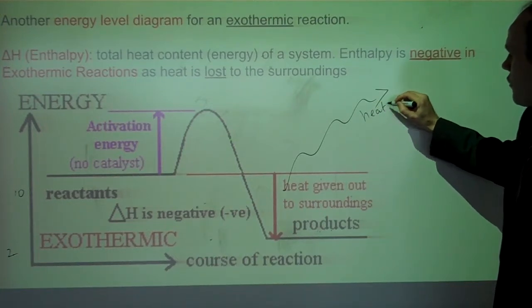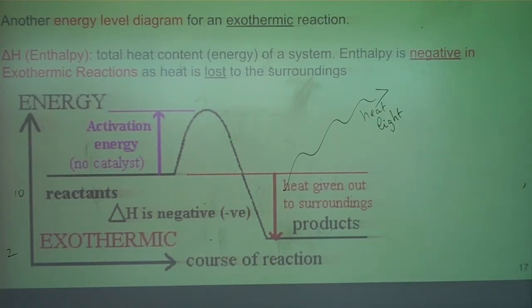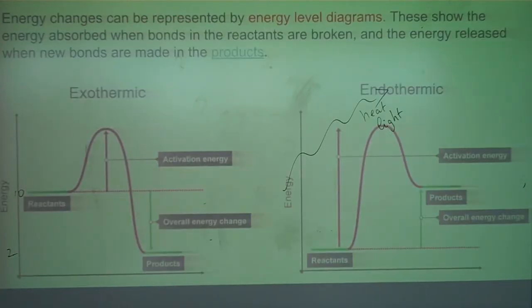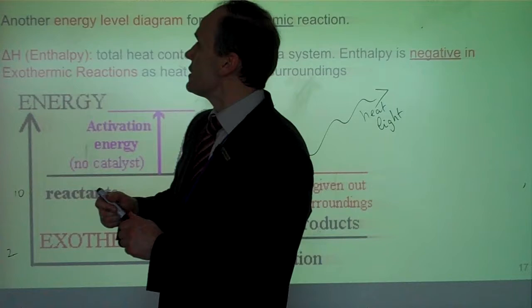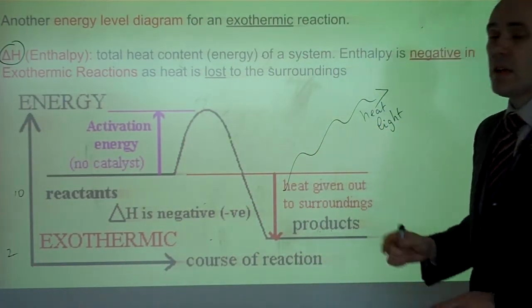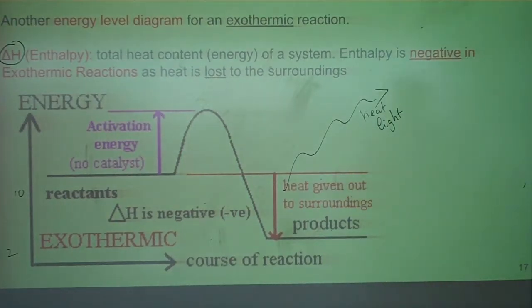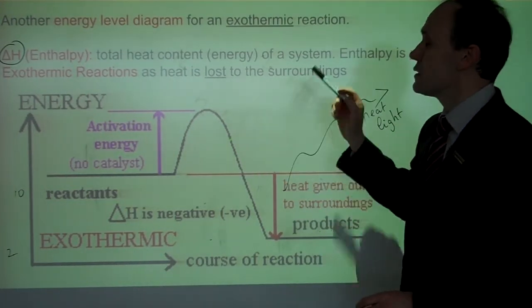So on your diagram, in overall energy change, put enthalpy, and the symbol for enthalpy is that. Enthalpy is negative, and it means that the energy in the bonds has been reduced in that system. So enthalpy, total heat content of a system, is negative in exothermic as heat is lost to the surroundings.